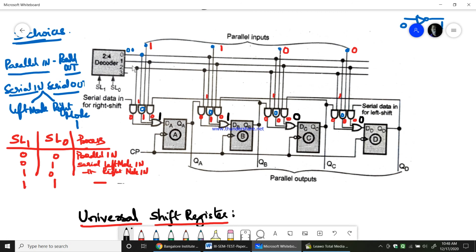When I make it 0 1, see, 0 1 will select this line. This line is given to the third one. Now this is activated.